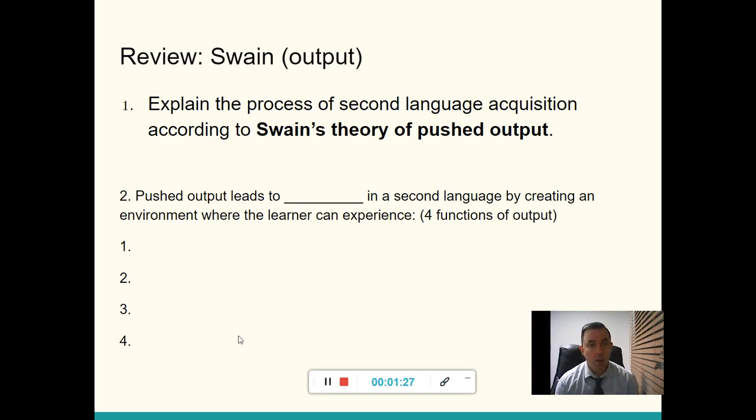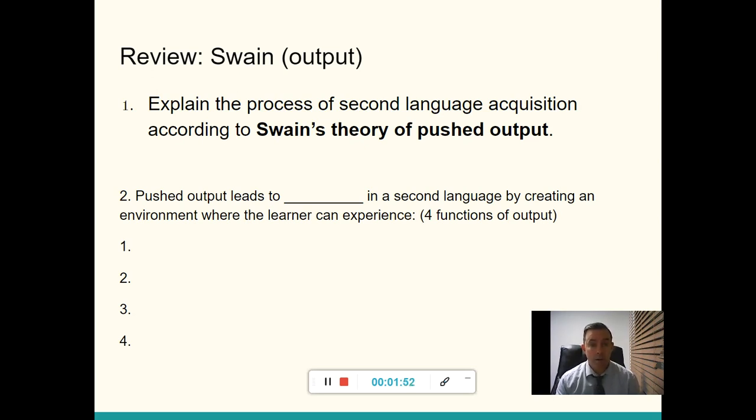Okay, so our goal here is just to explain the process of second language acquisition according to Swain's theory of pushed output. Now remember that pushed output is really just an expected level of output that would be a bit beyond what the learners can produce on their own naturally, right?